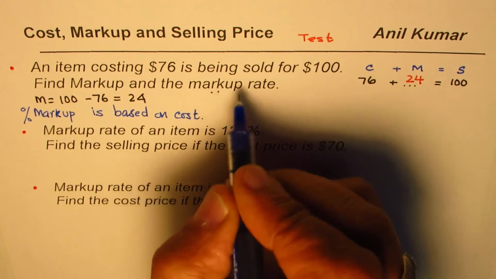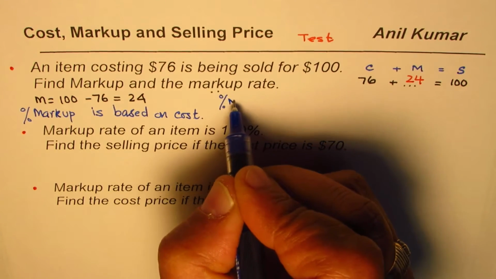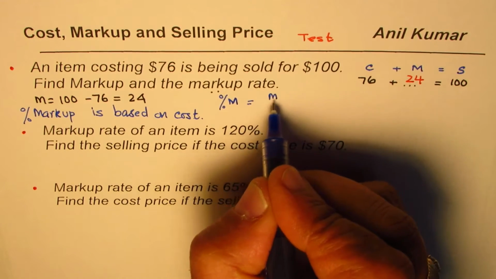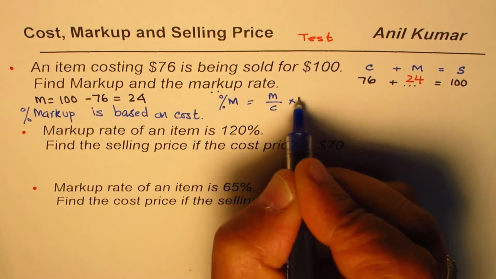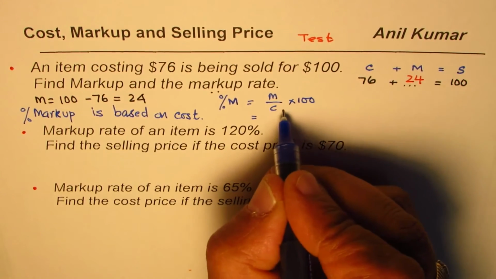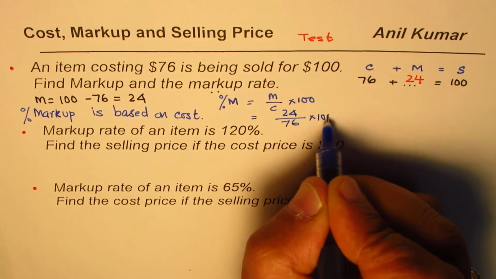And therefore, percent markup will be the markup amount divided by the cost times 100, correct? In our case, markup is 24, so we'll do 24 divided by 76 times 100.